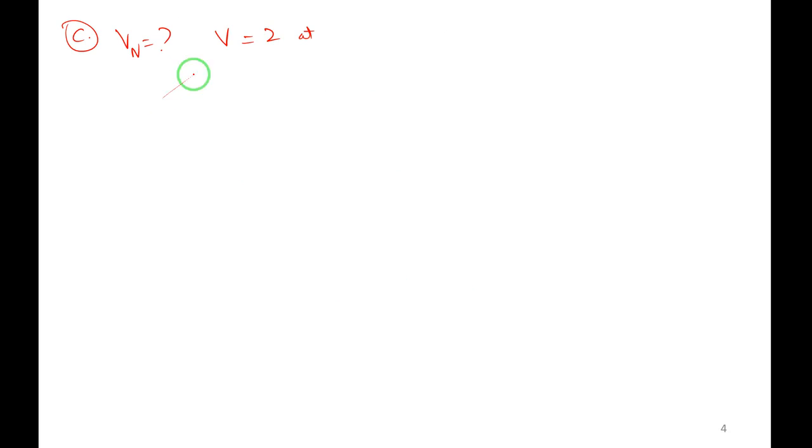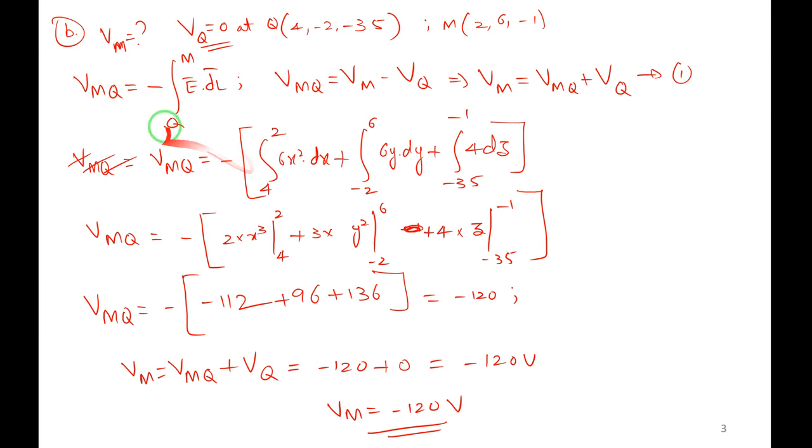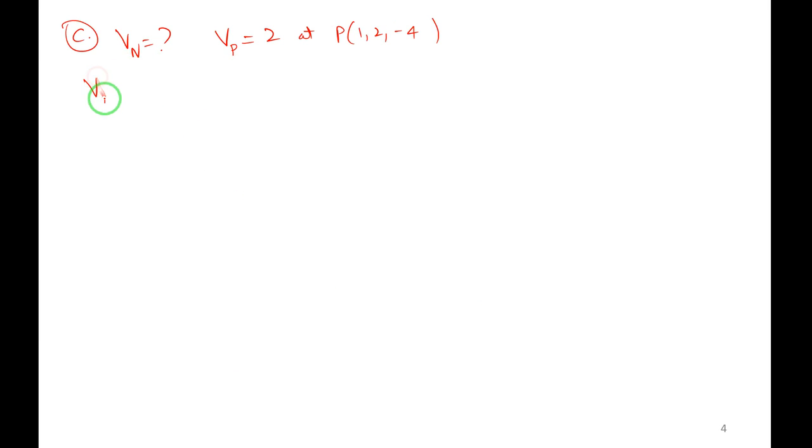Since V equal to 2 at this point, let me call it Vp, the potential at point P. Next, I have point N and I have point P. Just as we took Vmq in the previous problem, here we'll take Vnp. We know the definition formula of potential difference, E dot dl. So initial position is P and final position is N.